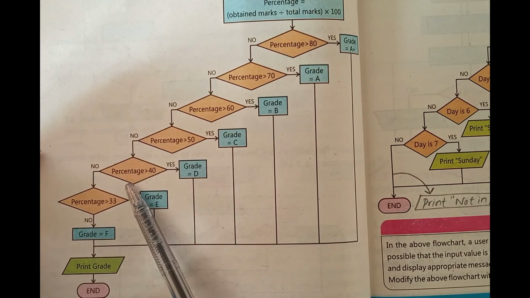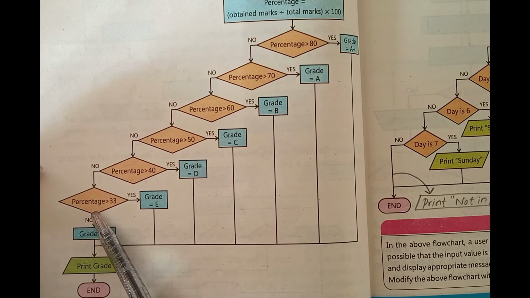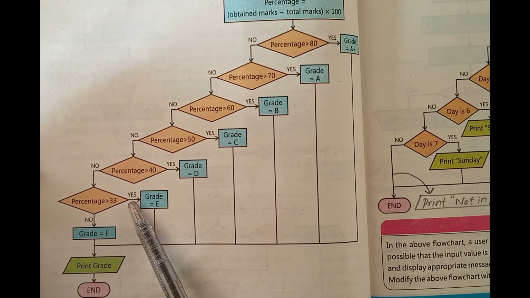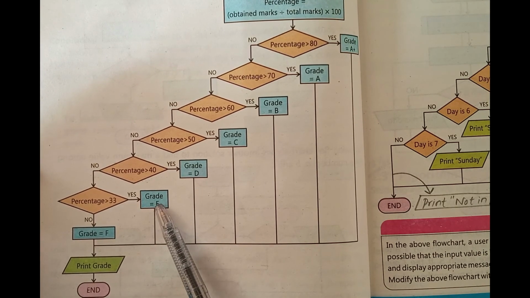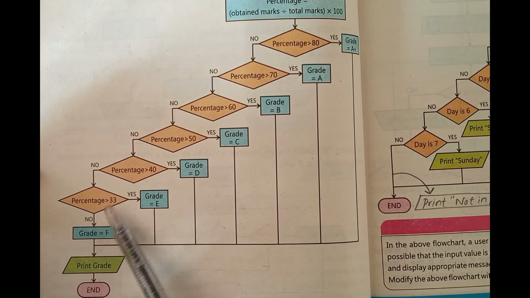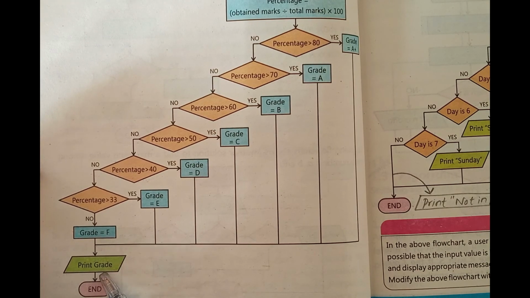And if the percentage is less than 40, then it goes down, and percentage greater than 33. If yes, then grade E will be given, and it will print grade, and the flowchart will be ended. If percentage is less than 33, then it will give grade F, and then it will print grade, and the flowchart will be ended.